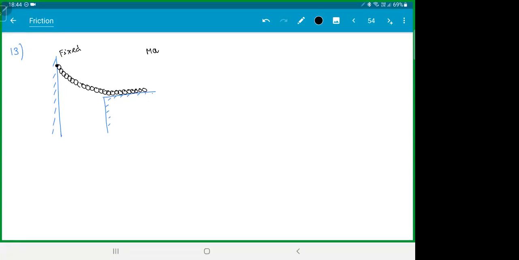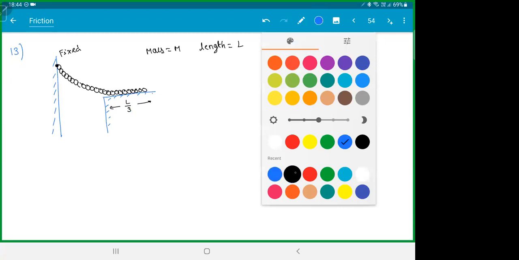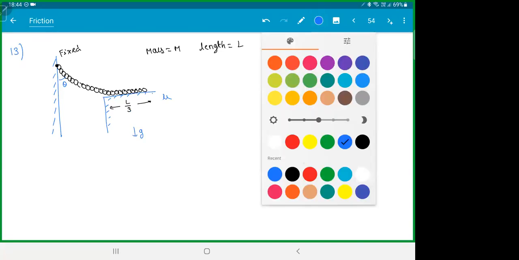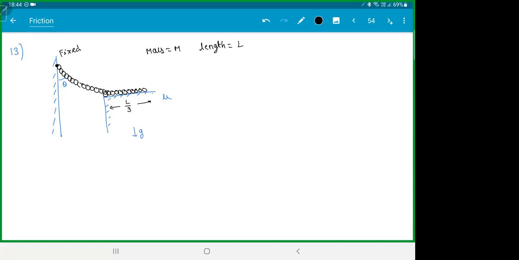The chain's mass is m, length is l. The part of the chain on the floor is L by 3. And the floor is rough with coefficient mu. Angle theta, and gravity is also there as usual. So this thing is almost flat actually. It is like this. Find theta if the chain is about to slip.